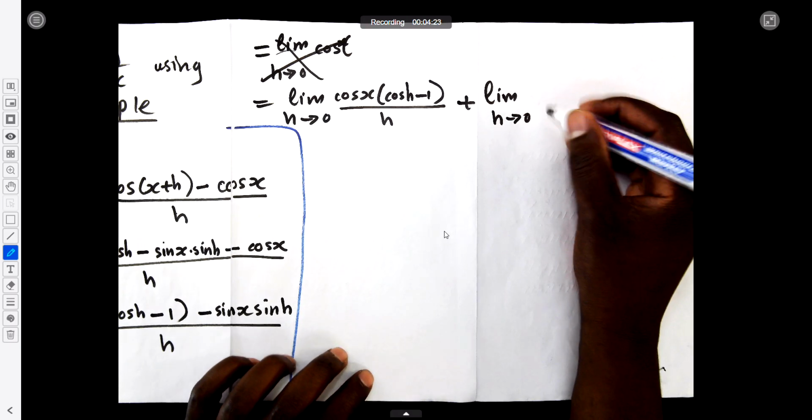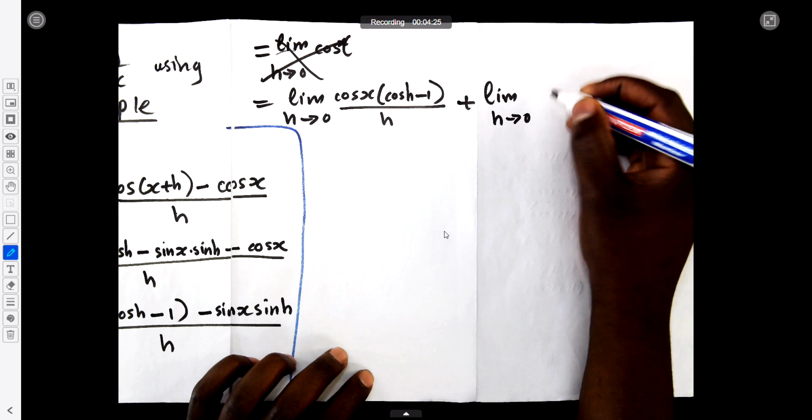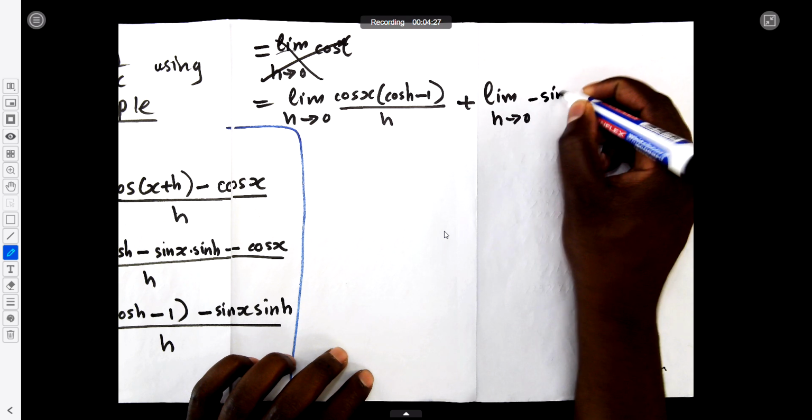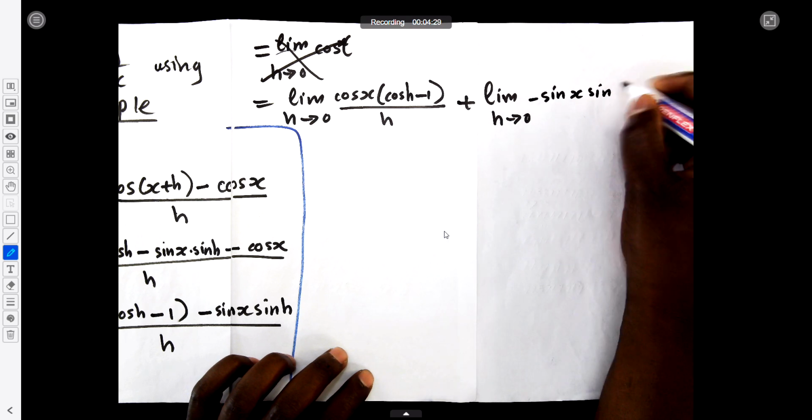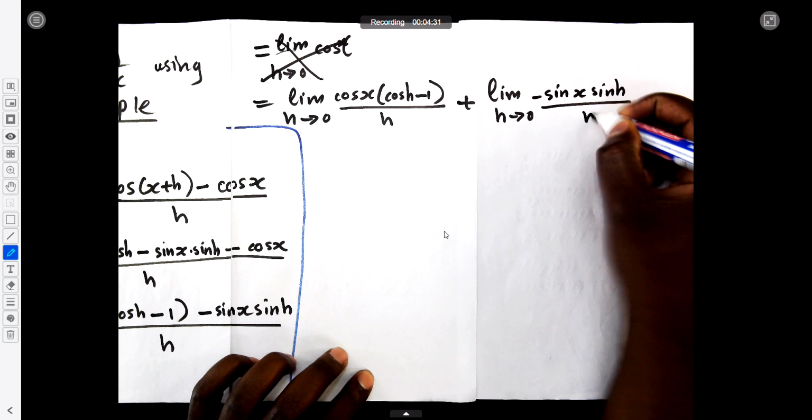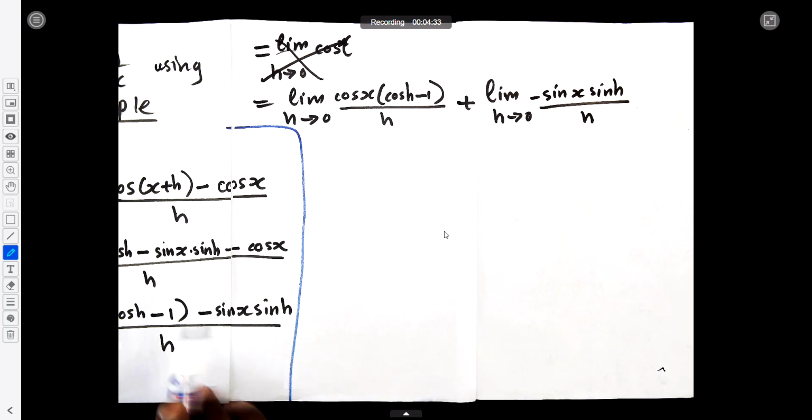As we said, we're splitting the terms. We have negative sine x, sine h, then all divided by h. We have split the two terms, sharing the denominator h.